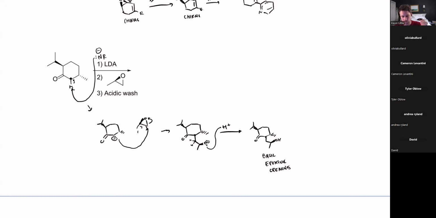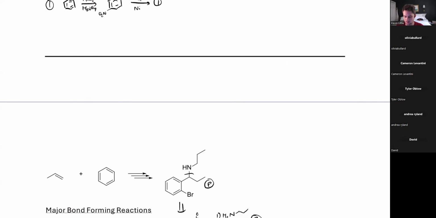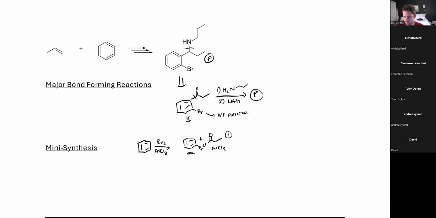Halogens are electron withdrawing groups, but they're ortho/para directors. For the purpose of this test, just use them as ortho/para directors, because we're just using them in synthesis, really. I'm not going to ask you about that.